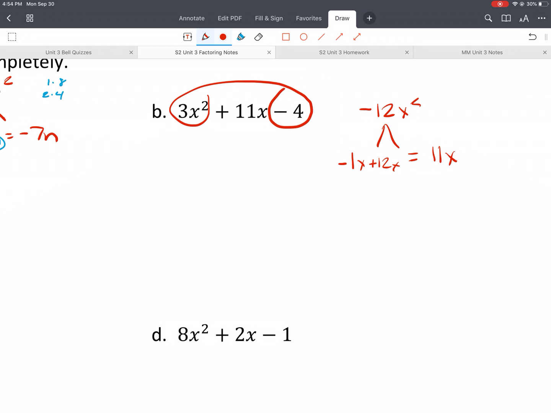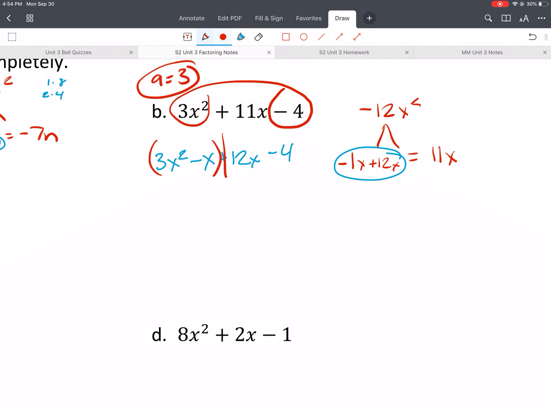Now we can't use our shortcut, right? A is 3, so we're going to do substitution. We'll do 3x squared minus x plus 12x, this is coming from here, and then minus 4. Group. We can take out an x, leaving 3x minus 1.